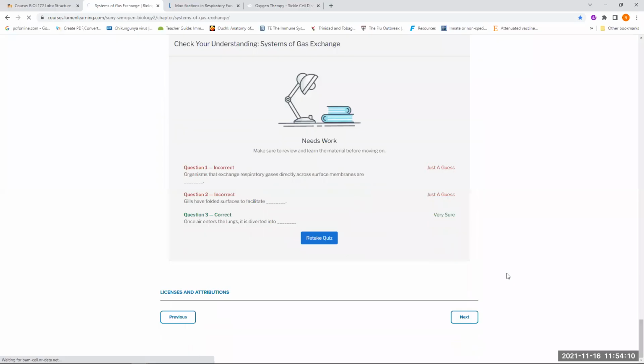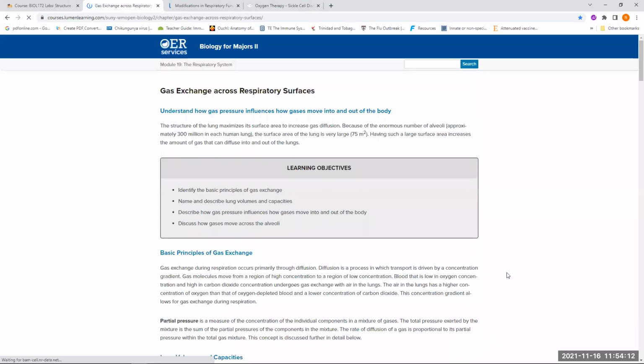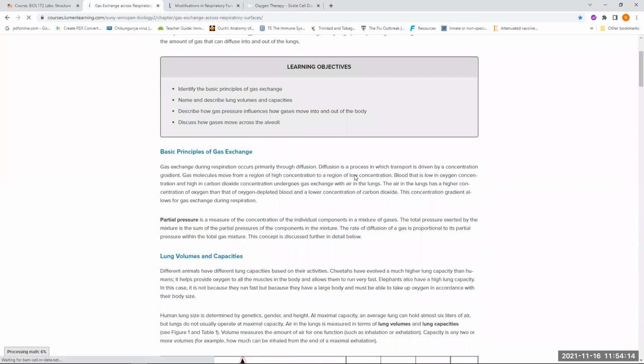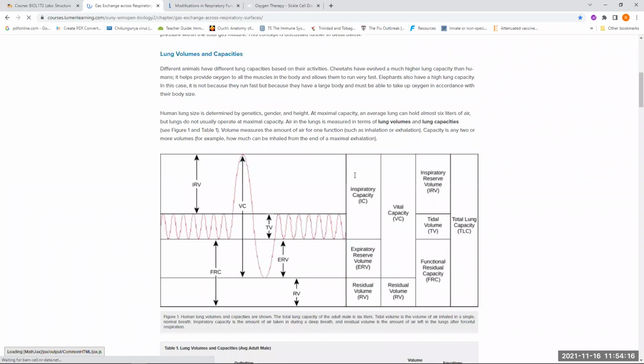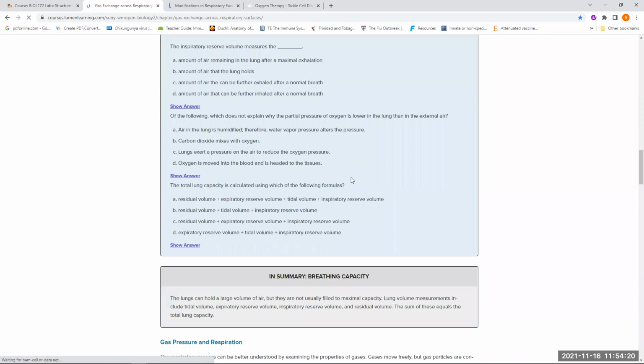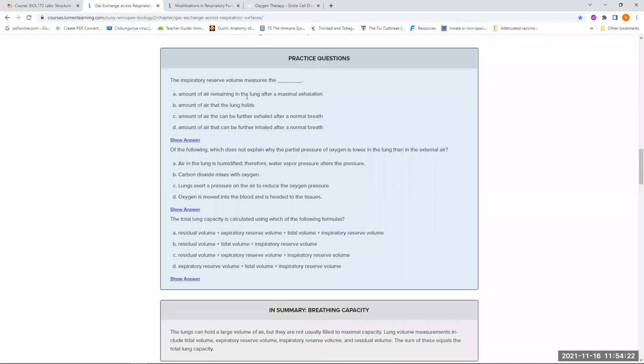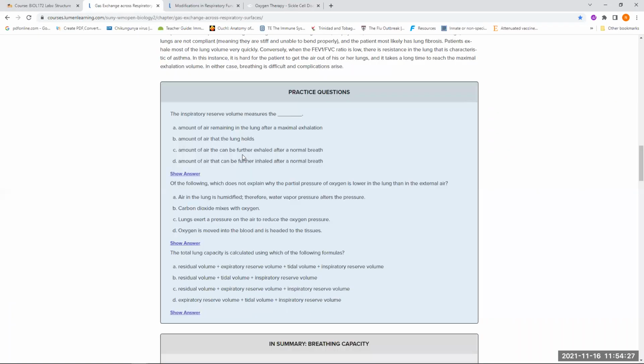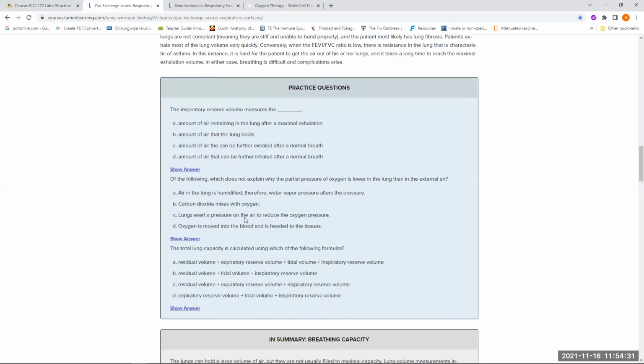Let's go to the next one. So gas exchange, we mentioned that, is movement of air from high to low. And in terms of these definitions, usually you'll only get these in multiple choice questions: inspiratory reserve volume and so on.